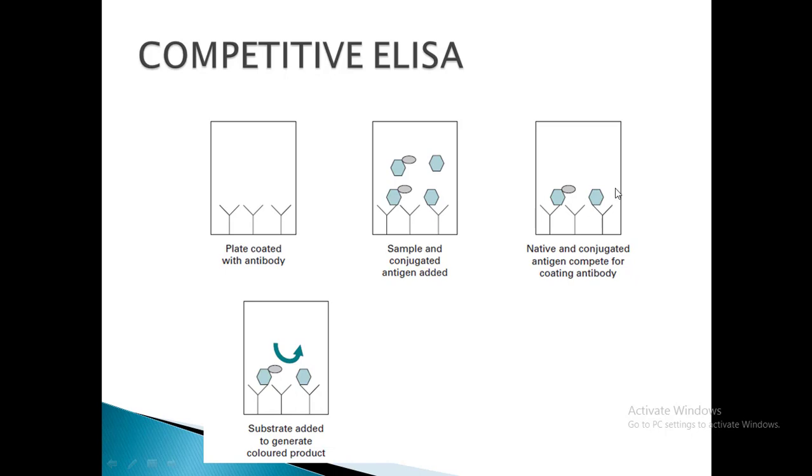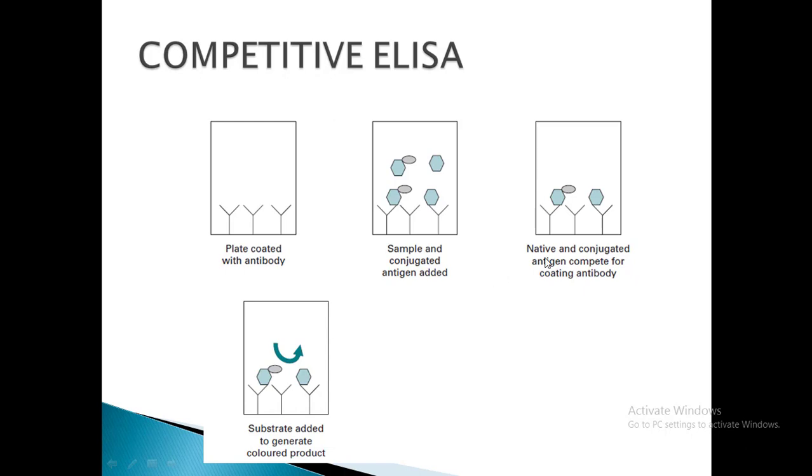Now, the more the concentration of antigen in the patient serum, the more it will compete with the labeled antigen, and it will be bound more. Next, we apply a substrate. Since it is a labeled antigen, the substrate will get converted to a colorful product.